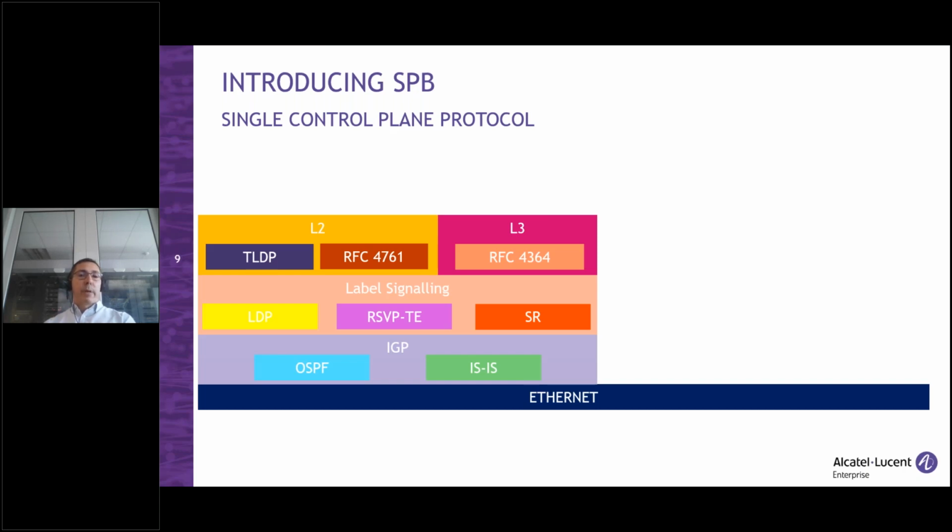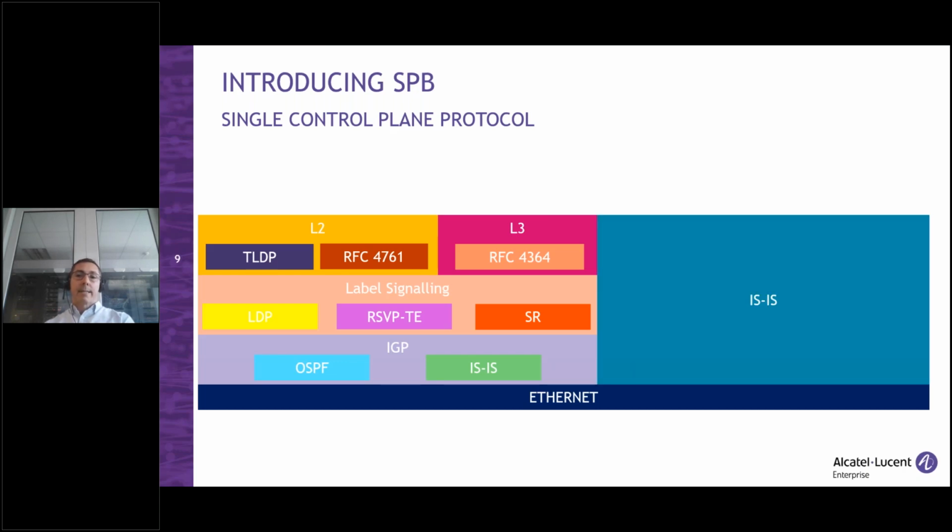Now, if we compare that to SPB, SPB uses a single protocol to do it all. That is ISIS. ISIS builds the topology table, it builds layer 2 VPN and layer 3 VPN services, and the same protocol is used to build the service table. So ISIS plays the roles of OSPF, LDP, and BGP all combined.